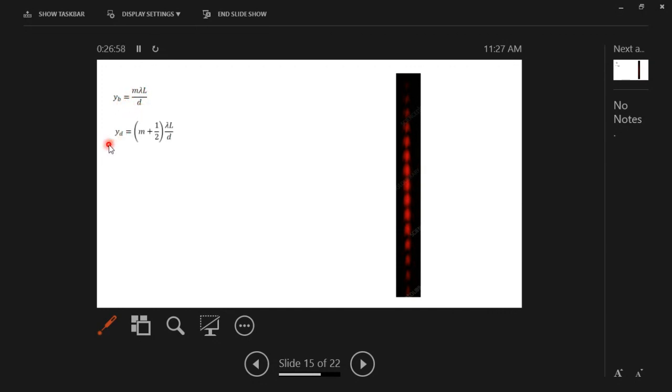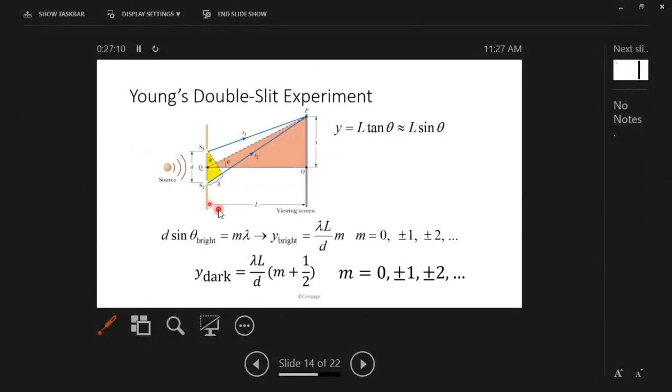For the dark fringes, the location turned out to be m plus 1/2 times lambda L over d. These are the formulas that we saw in the previous slide. Let me show them to you. These are these two formulas. I have just moved m and m plus 1/2 to the other side of this equation. So I have the location for the bright and dark fringes.